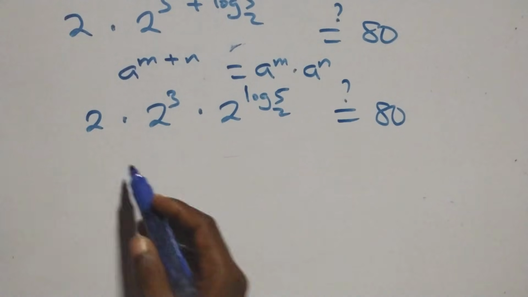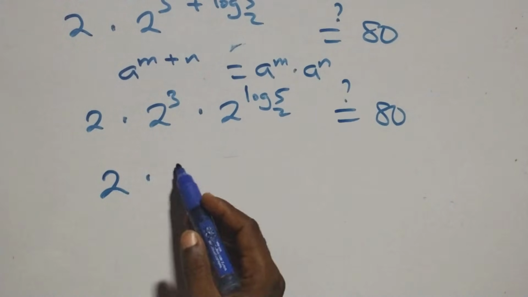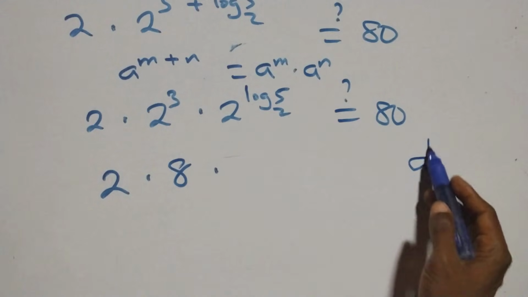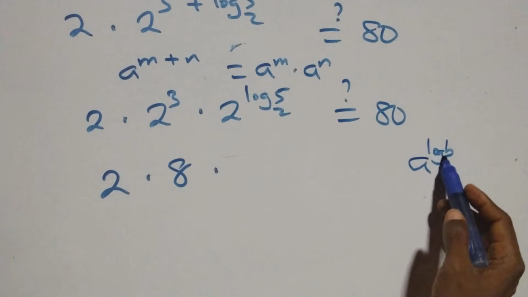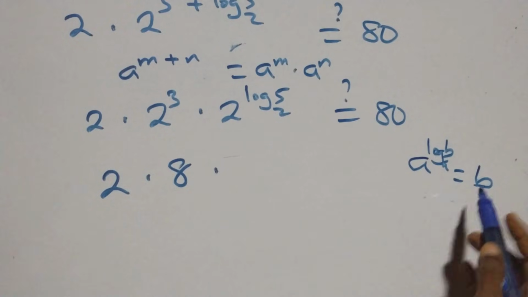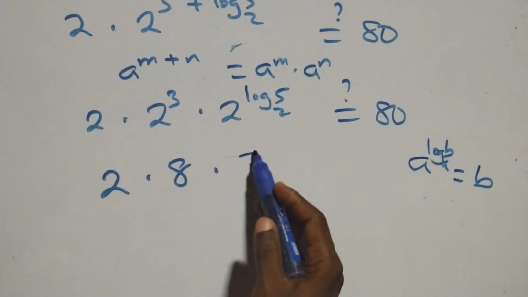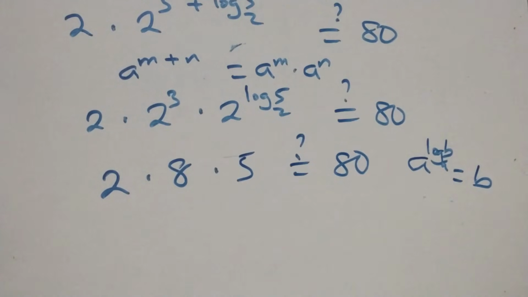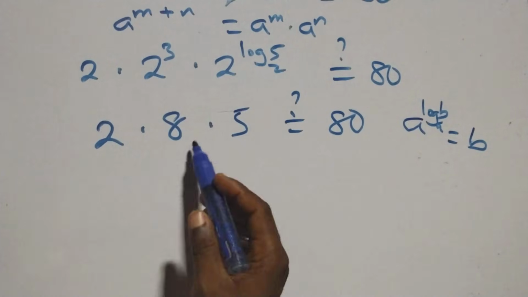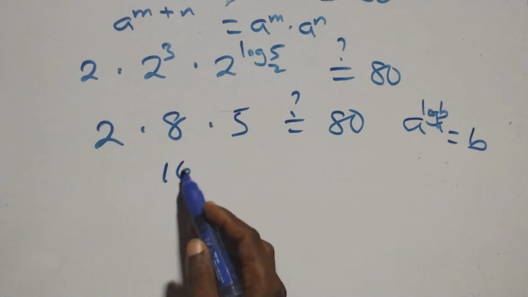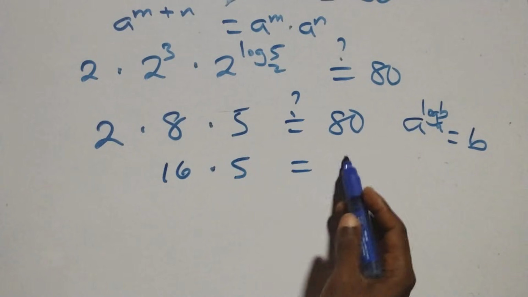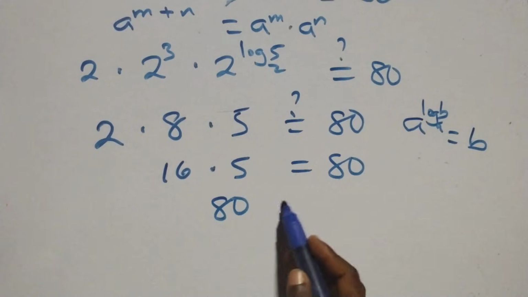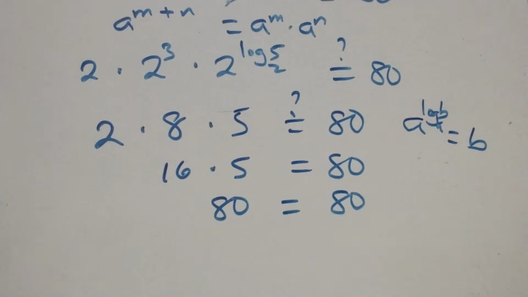Then we have 2 times 2 raised to power 3, that's 16. Then times, this follows: a raised to power log b to base a is equal to b, and here that is 5. We have 16 times 5, which equals 80, which equals 80 on the right side.